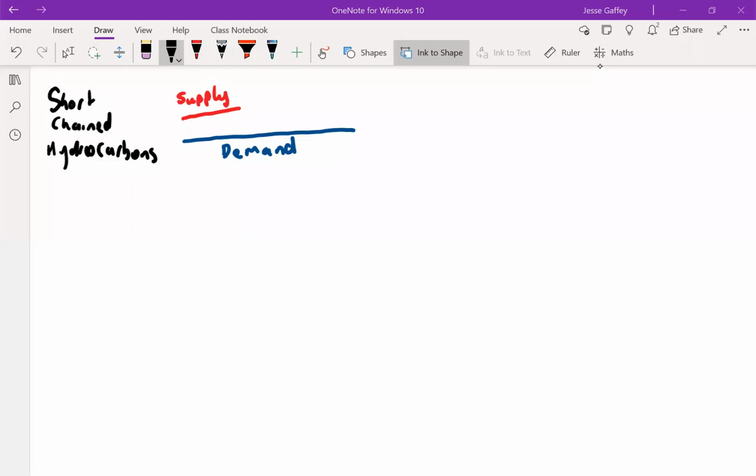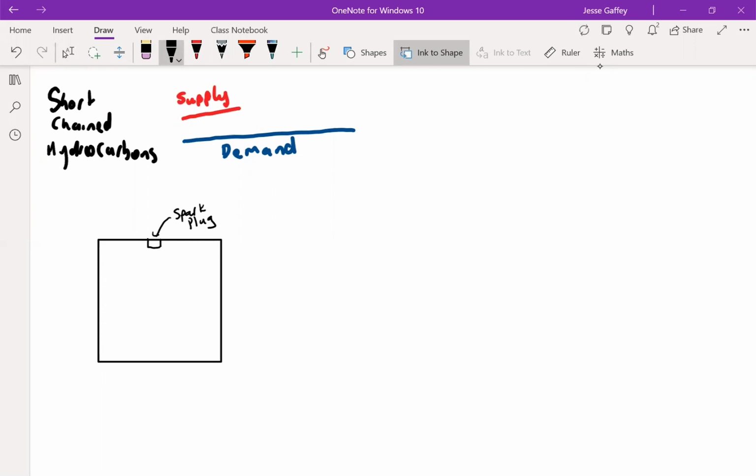Now, when a high grade petrol, which is short chained hydrocarbons, is burned in an engine, and I'm going to attempt to show this here, it is controlled by a spark plug. A spark plug is a little device which can create a spark.